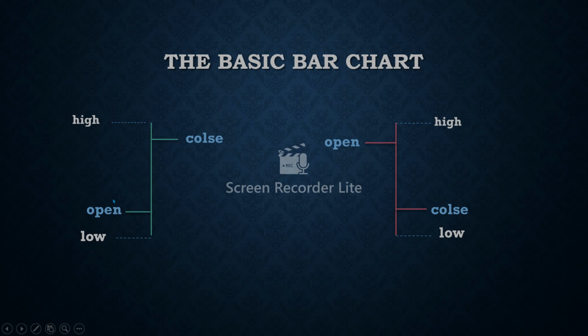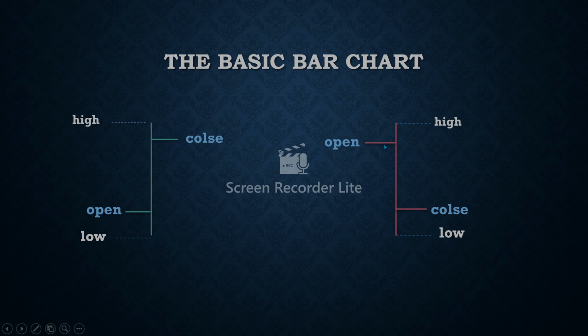Open is the price at the start, and close is the price at the end of this candle, and the next candle starts from there. What is it? High and low. High is the top price in this candle and low is the lowest price in this candle.